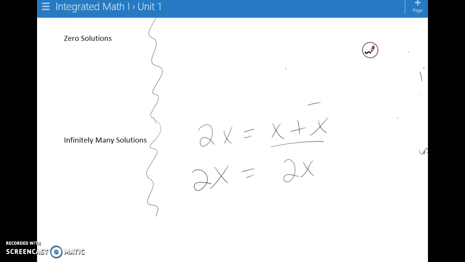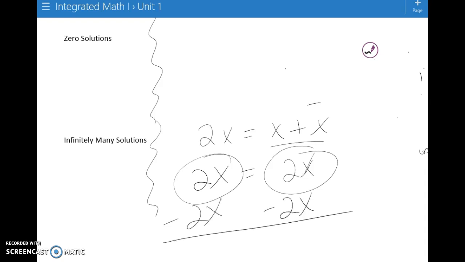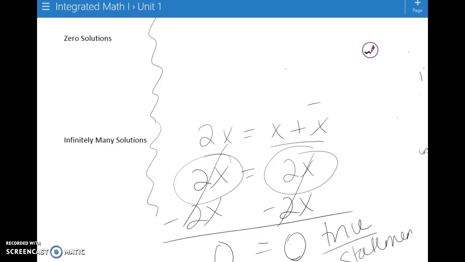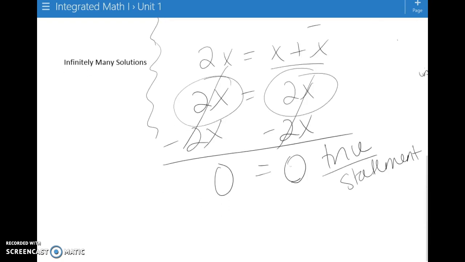Notice anything? They are exactly the same. All right, but let's keep going. So I need to subtract 2x on both sides. They both go away, and I get 0 equals 0. 0 equals 0 is a true statement. Right? 0 does equal 0. So this is how you know you have infinite solutions.